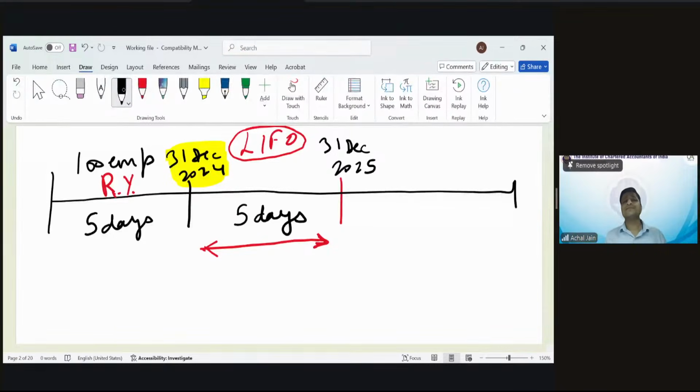Yes or no? So every time the leaves are availed, it will first of all be picked up from the current year's entitlement. And if, let's suppose, current year entitlement is not sufficient, then you will pick up the carry forward balance. So that's what the policy says. Last in first out. So that's why it is called LIFO. Clear?